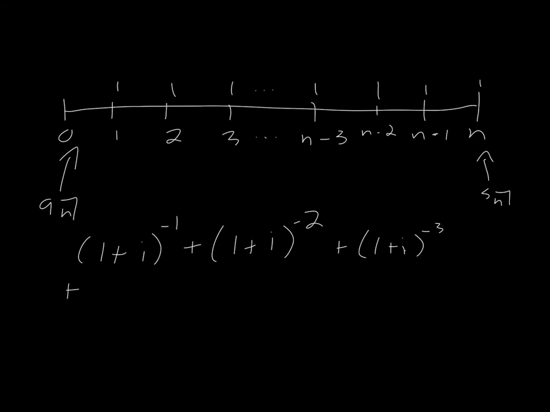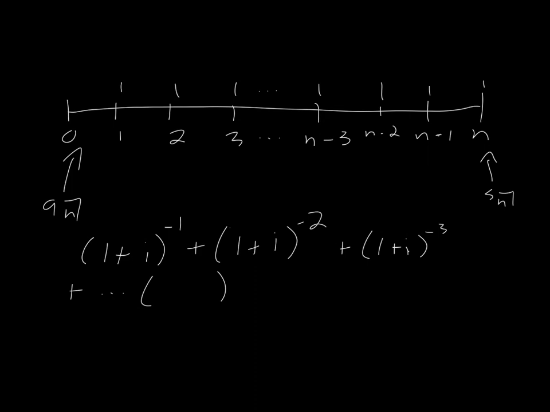And if we look at the rest of these, it eventually gets us to (1 plus i) to the negative (n minus 3), and then (1 plus i) to the negative (n minus 2), then (1 plus i) raised to the negative (n minus 1).